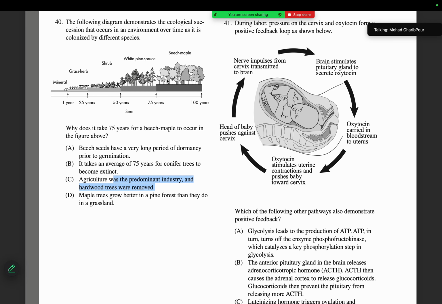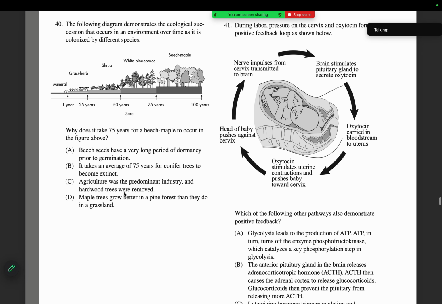So you should look for an answer that matches what you're seeing, not random things like this. Maple trees grow better in a pine forest than they do in a grassland. This makes more sense because they grow after the pine trees have grown. So it could be because they're just better suited to that kind of environment than anything before. So D.